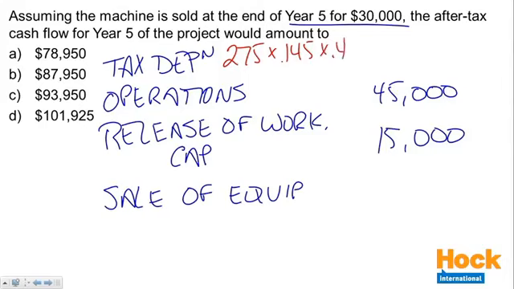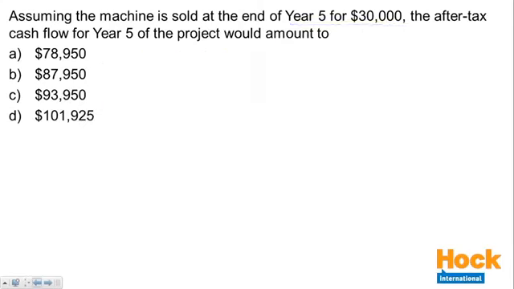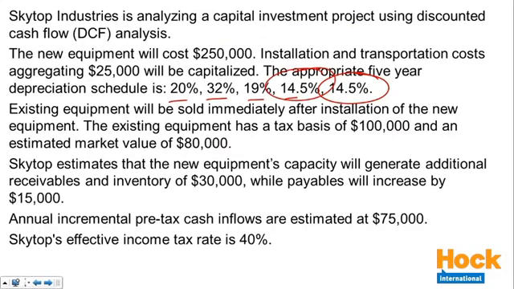We multiply that by the tax rate of 40%, and our tax depreciation shield becomes $15,950 in year 5. If we look at the rates, that's also what it was in year 4, 14.5%. It's different than it was in years 1, 2, and 3 because we have a different percent of the cost being taken as depreciation in each of those years.